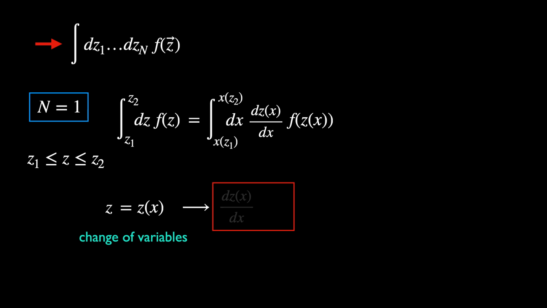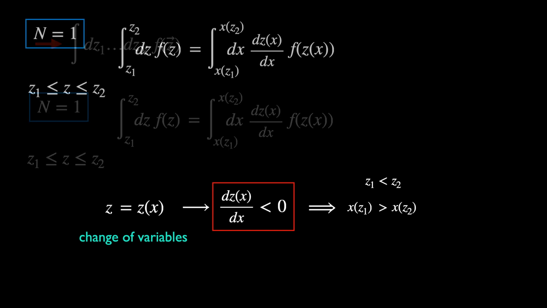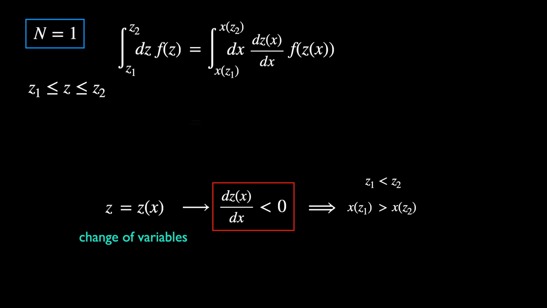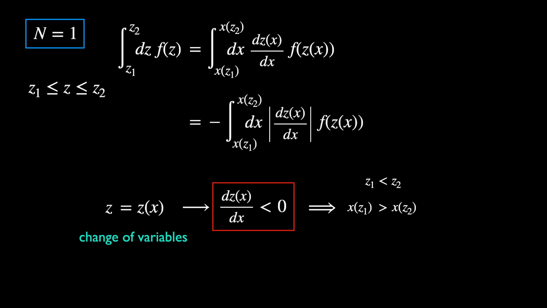On the other hand, if this derivative is negative, that is, z and x increase in opposite directions, this implies that x of z1 is greater than x of z2, which is the opposite of the relation between z1 and z2 and is against our convention. We can fix this by pulling out a minus sign, then adding an absolute value to dz/dx.